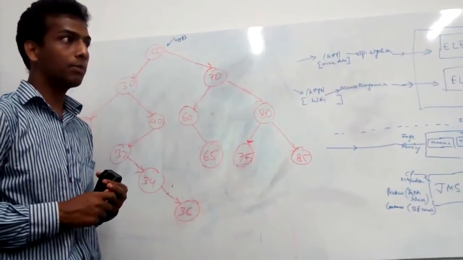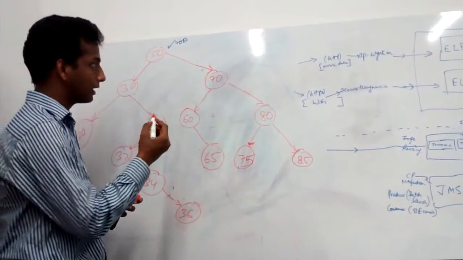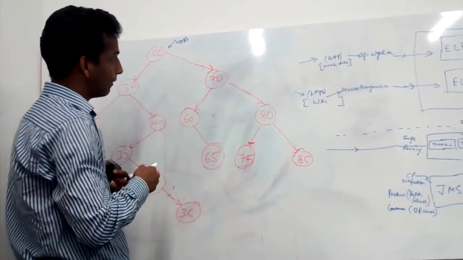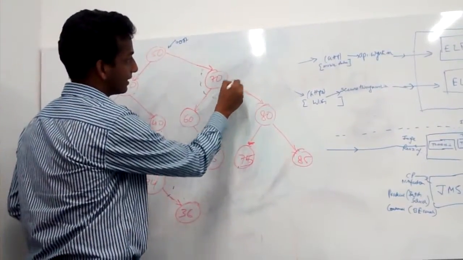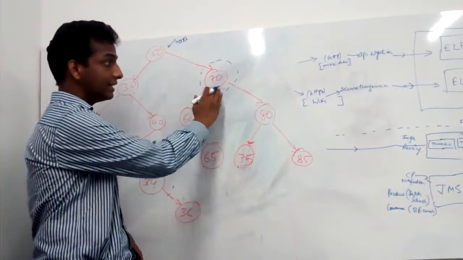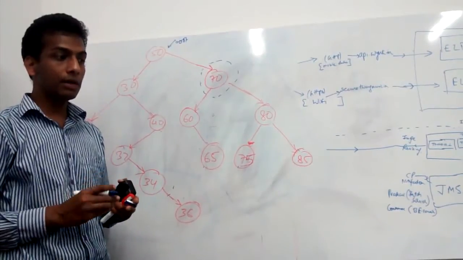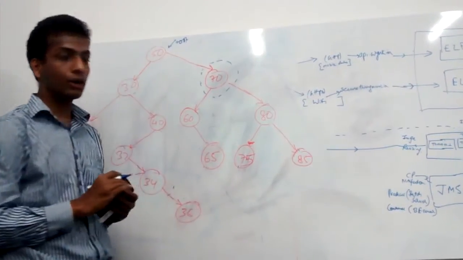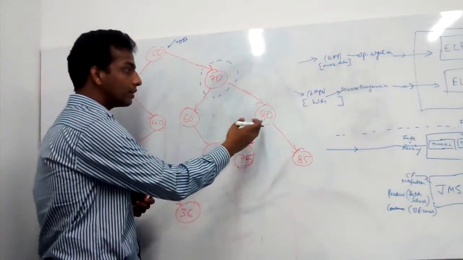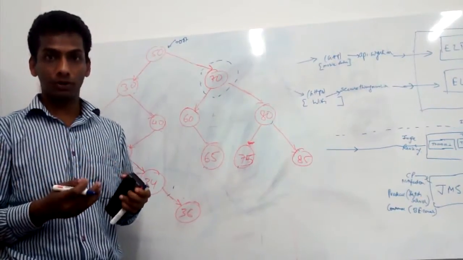Let's look at the problem where a node can have two children. Taking the example of node 70, it has 60 on its left and 80 on its right. If we want to delete 70, we have to find the closest bigger number in the right subtree. How do we do that? We go to the right subtree and then go to the farthest left node.